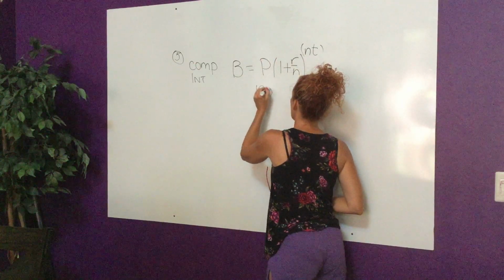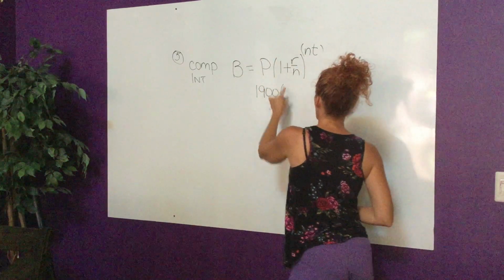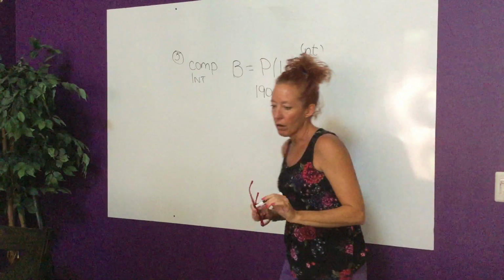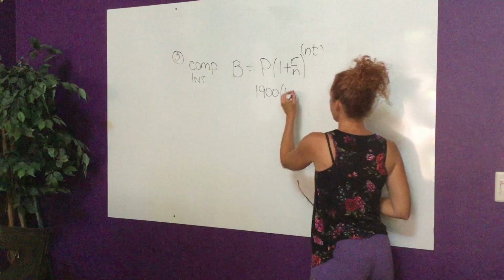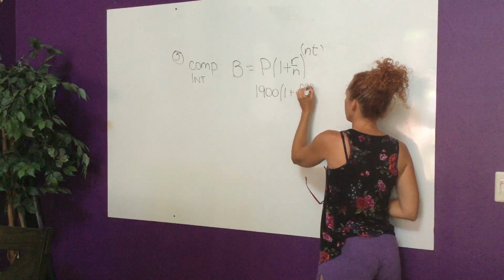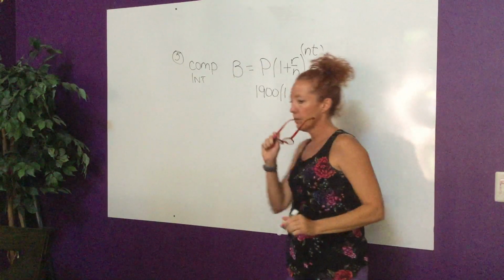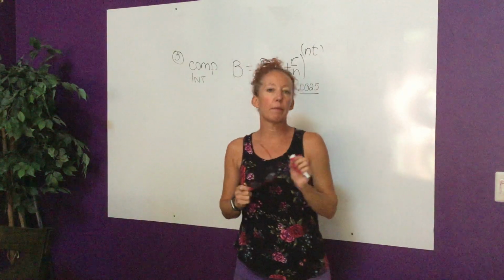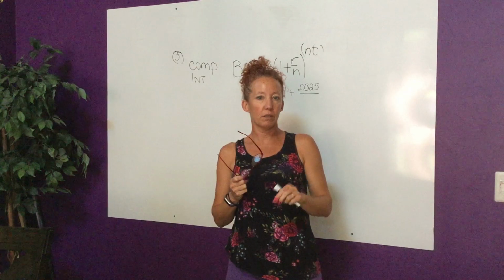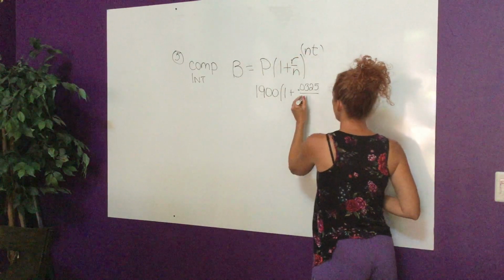So we're putting 1,900 in the bank, 1 from there, plus our rate is 0.0325. It says we are compounding it weekly. So I'm going to write 52 because there's 52 weeks in a year.